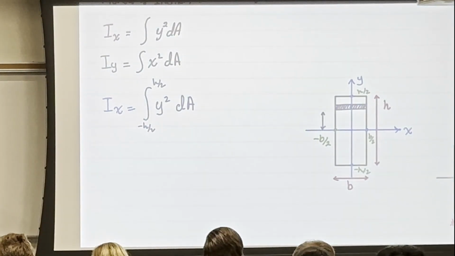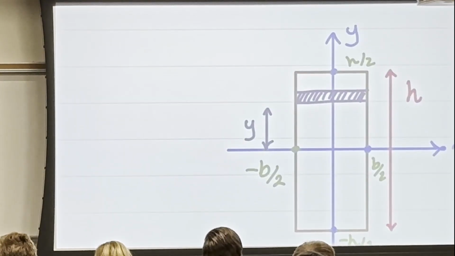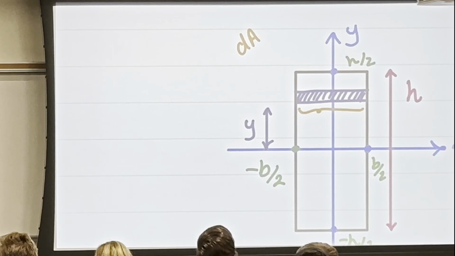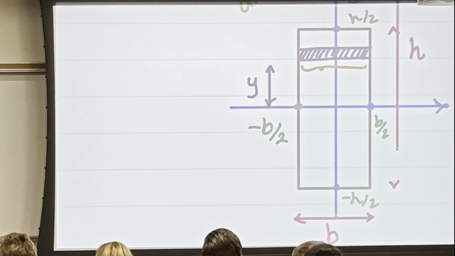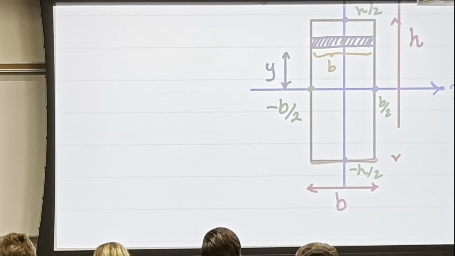And I'm going to set this distance equal to y, to indicate it's a variable. Okay? And again, if you remember what we did in the first moment of area, the dimension of that strip, which is the d area, the area of that strip, the horizontal dimension here is b, because that's the width of the beam.